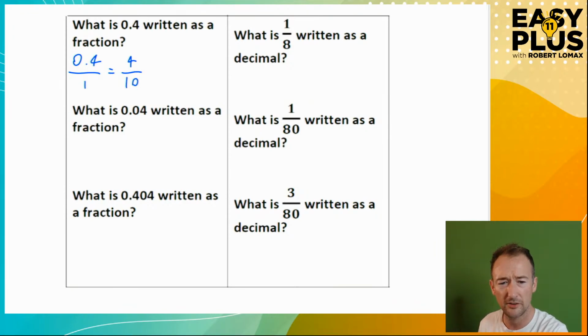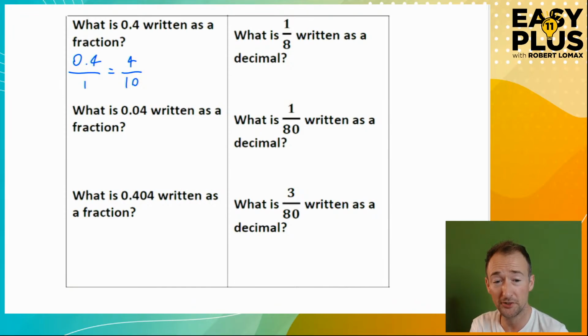Is that our answer? Well, it is 0.4 written as a fraction, but here's an important hint for maths exams, a very important hint, which is that you should always, when your answer is a fraction, simplify it unless there is a clear instruction not to.